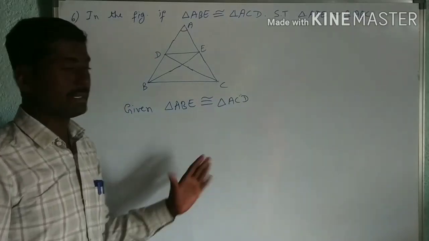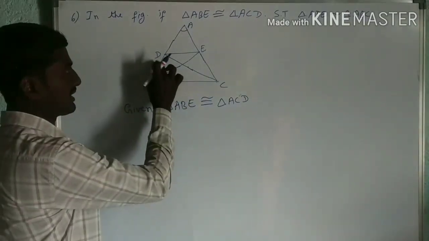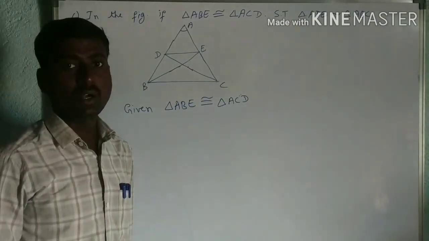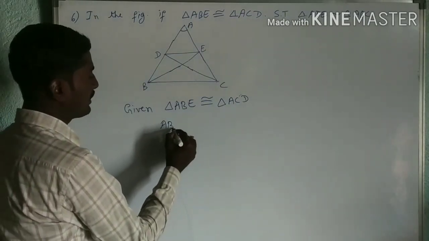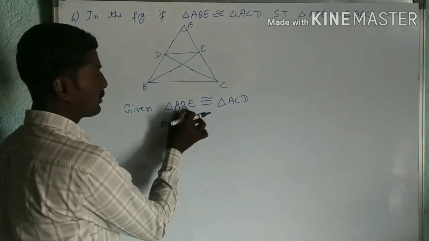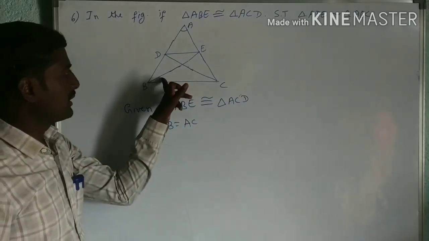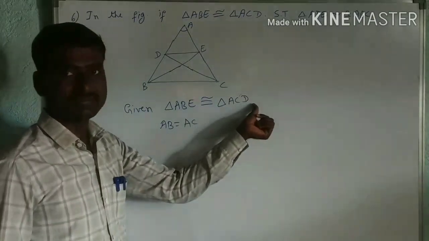By using the CPCT rule, corresponding parts of congruent triangles, I can write AB is equal to AC. Another condition: BE is equal to CD.